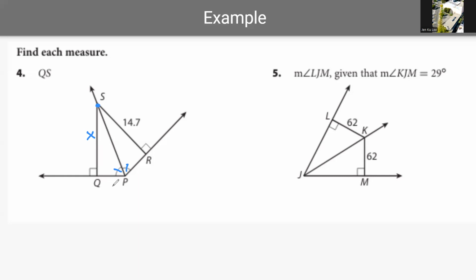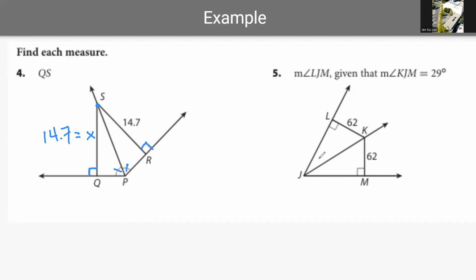I know that SQ is perpendicular to PQ, and I know SR is perpendicular to PR, and that's the angle itself. So this X is equal to 14.7. Again, if you think they're equal, they're pretty much going to be equal.